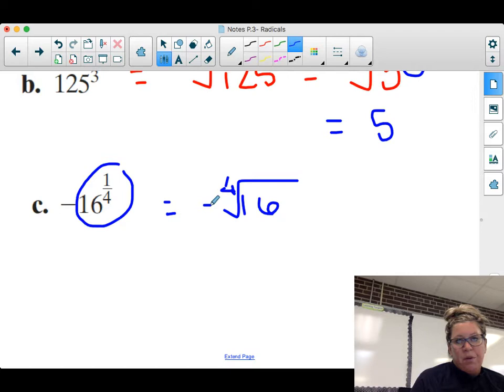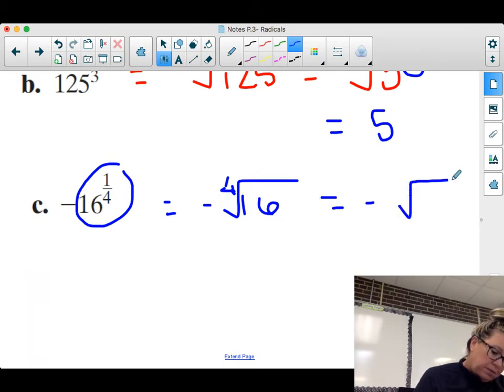So looking for perfect 4th powers: 2 times 2 times 2 times 2, or 2 to the 4th. And so now the negative will be out in front, and then the 4th root of 2 to the 4th is 2.